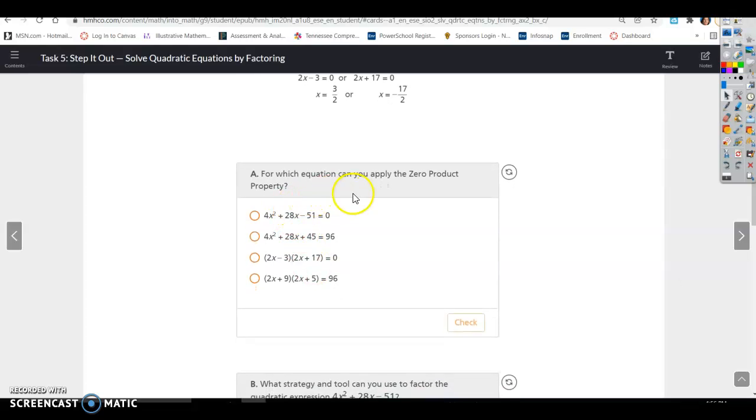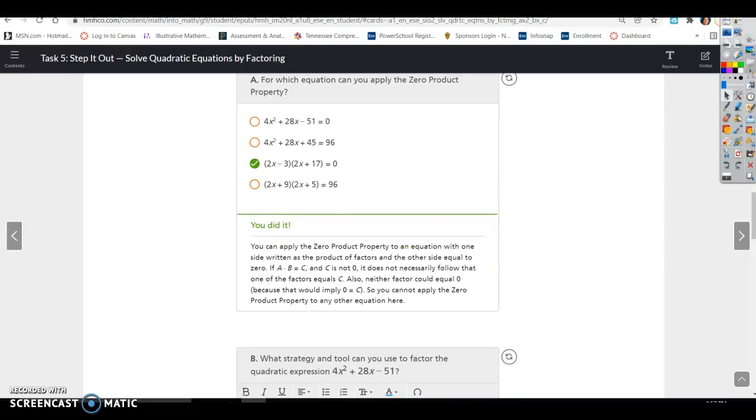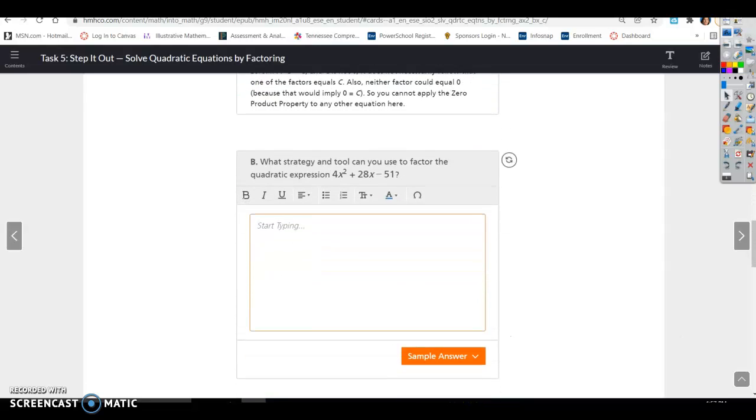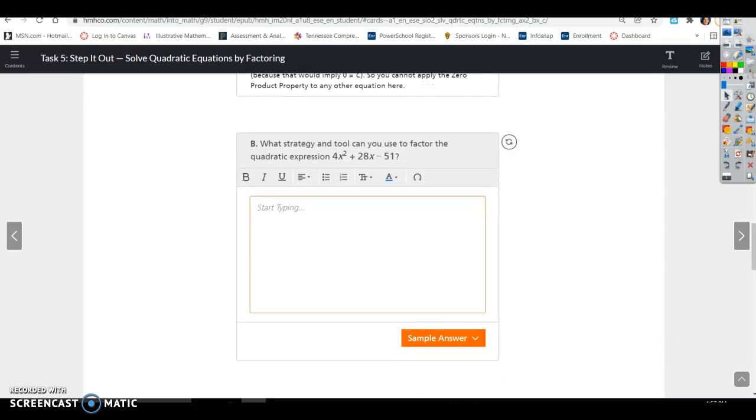It says for which equation can you apply the zero product property? Set it equal to 0, and then once you set it equal to 0, you can use the zero product property here in this step. So it would be when you have factors equal to 0. What strategy and tools can you use to factor the quadratic expression?